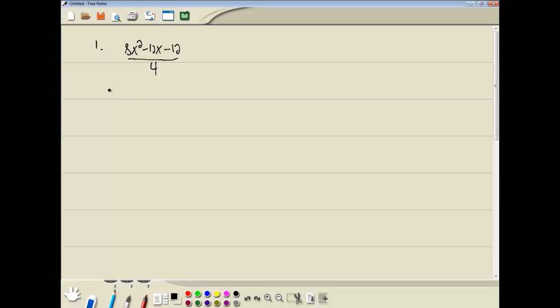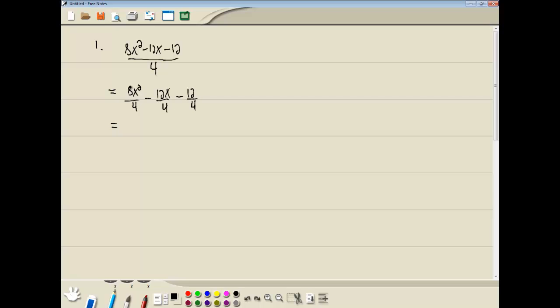Whenever you have a single term down here and you're talking about division, then you want to split this into separate fractions. So I'm going to put the 8x squared over 4 minus, I'll put the 12x over 4 minus, and I'll put the 12 over 4.